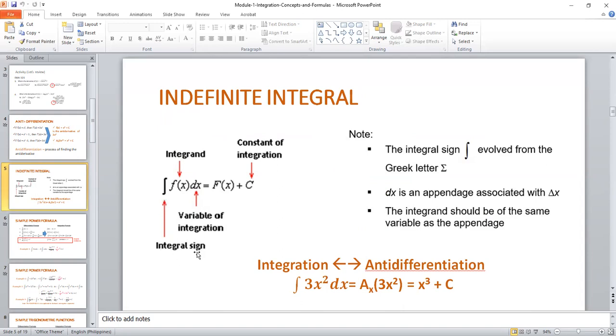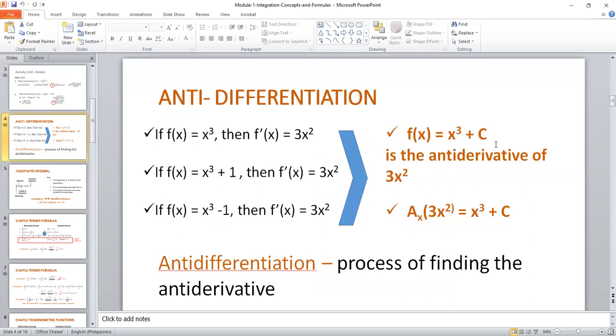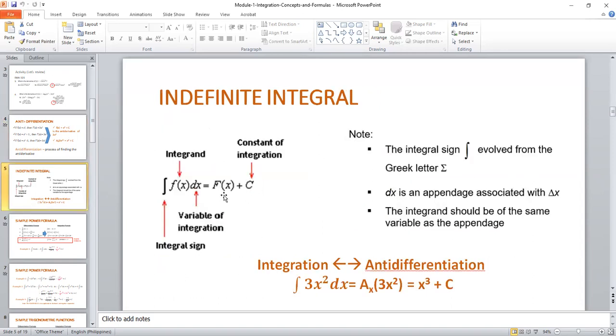So we call it the integral sign. And this differential of x, or read as dx, is the variable of integration. This f of x plus c, the one equivalent to this x cubed plus c, is actually the answer to this given integral.